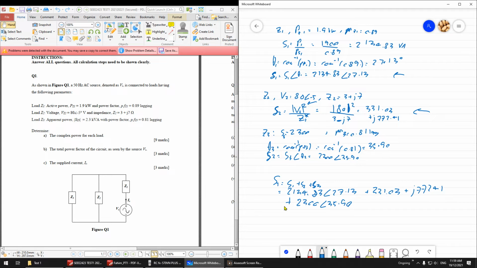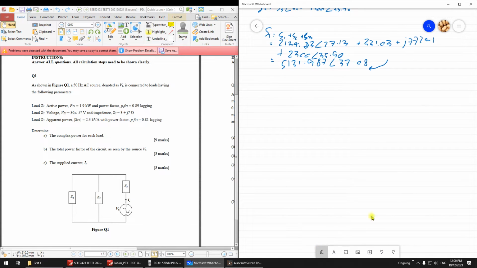35.90. Let me pause first. Using your calculator, you get 5131.8987 angle 37.08. So you have the angle here.